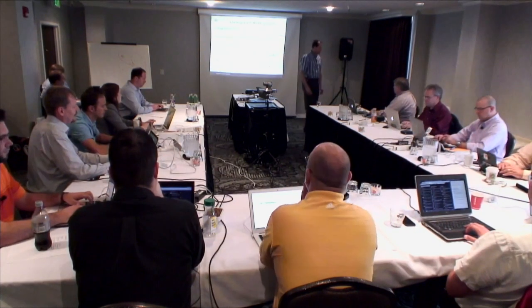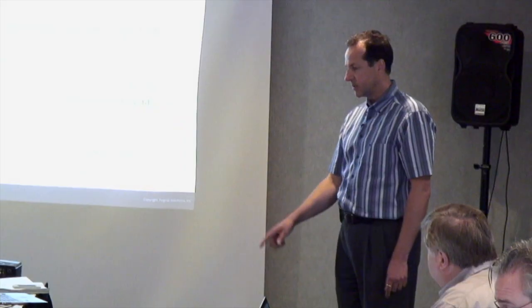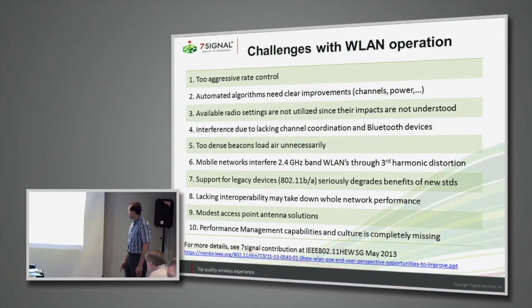I took one slide from one of my earlier presentations in an IEEE meeting this spring about the challenges with wireless LAN networks today. There have been some questions. I was planning to go through these challenges because many of them need to be dealt with when you optimize a network.